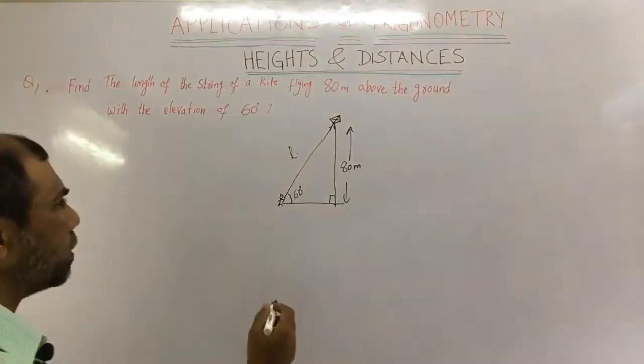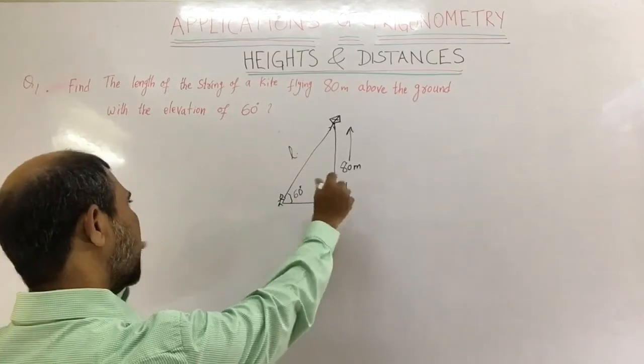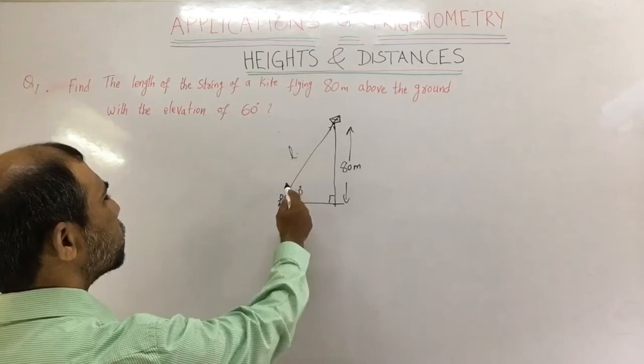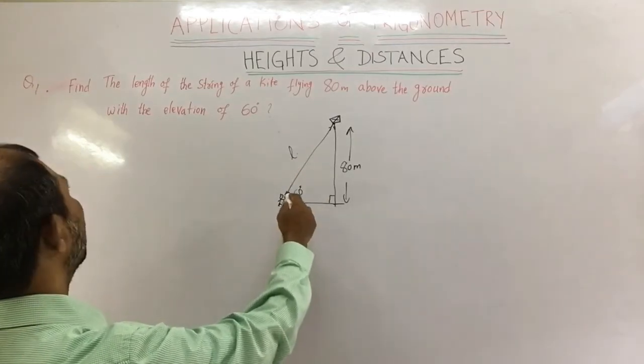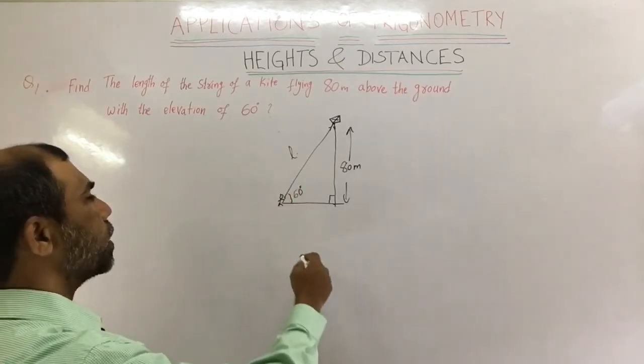Here we have the trigonometric ratio with the known quantity, that is the height, which is the opposite side, and the unknown quantity, that is we need to find the length of the cord or the length of the string of this kite, that is L, the hypotenuse.